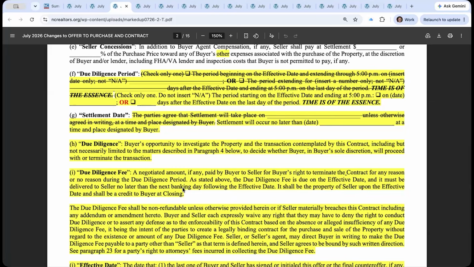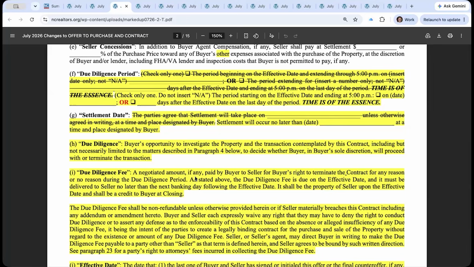Just understand now, though, with this change in the contract, to the extent that you've had some leniency in the past when you're in the listing agent seat, how much leniency are you actually going to give when there's that much grace built in? Now, there's not as much grace if you change the facts just a little bit. Say you go under contract on Monday, and it's not a holiday. The buyer does not pay on Monday.